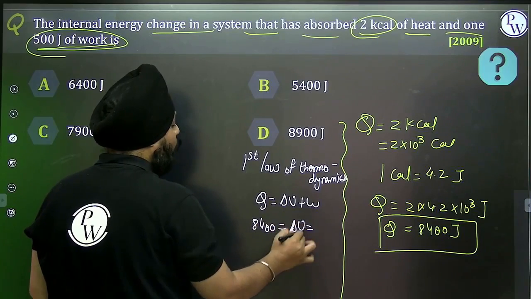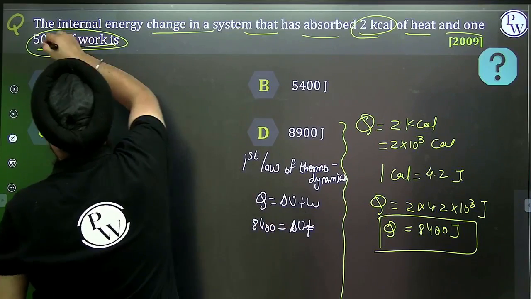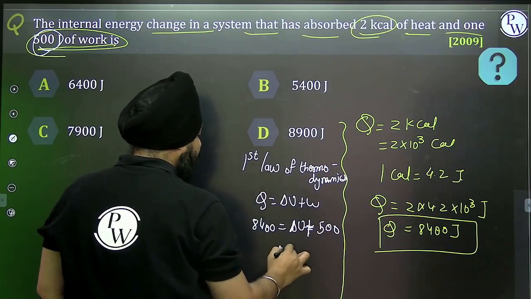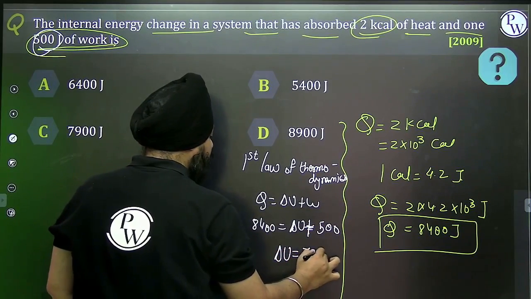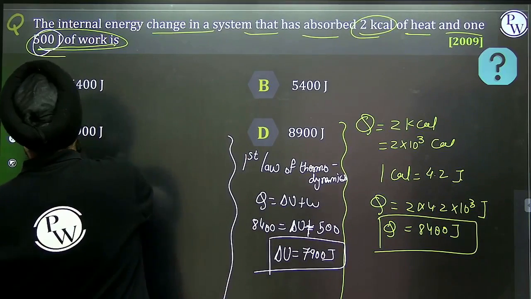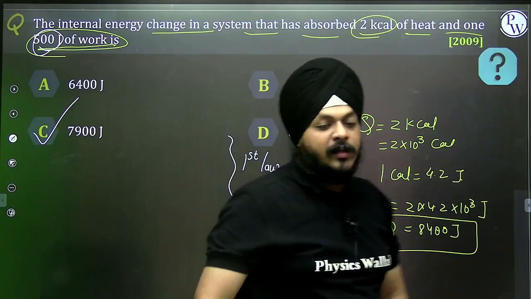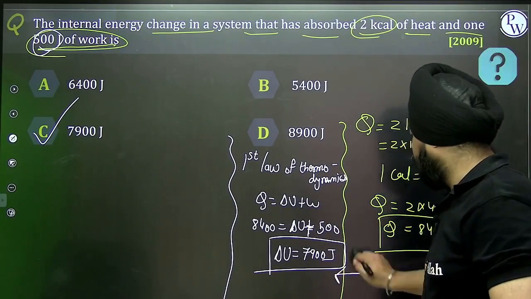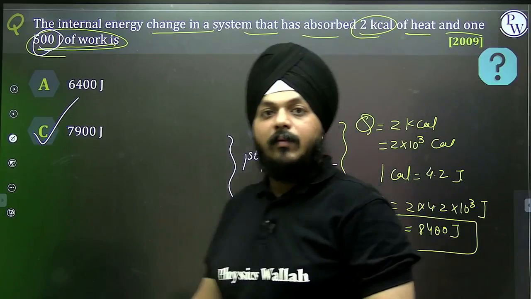Delta U we need to calculate. What is W? Given in the question, 500 joules. So delta U is equal to 7900 joule. C is the perfect answer. This much amount of internal energy change will occur. Simple.